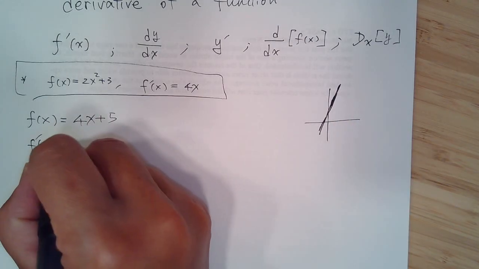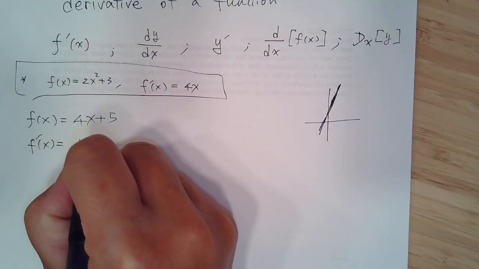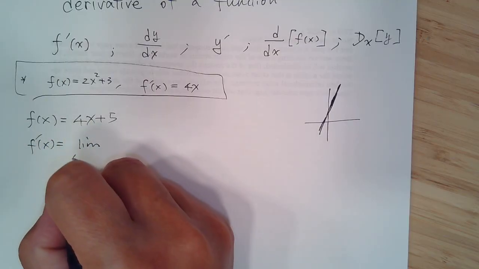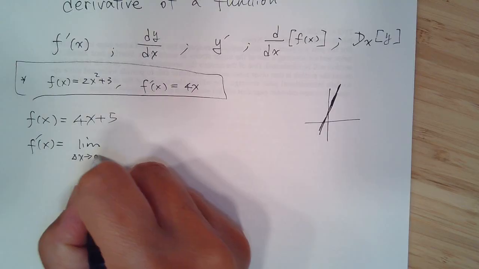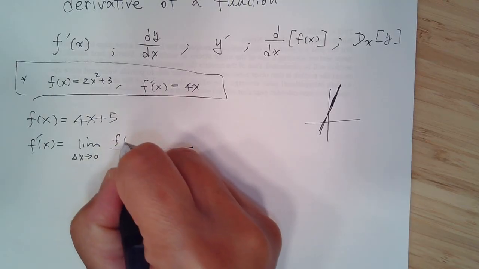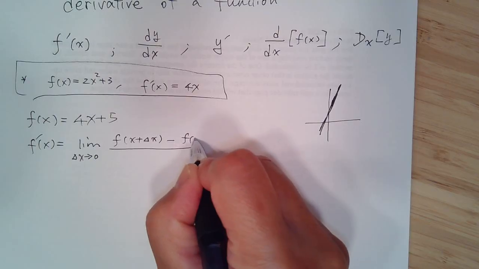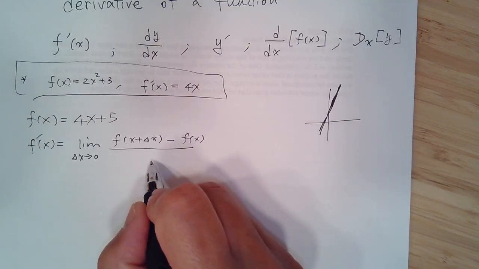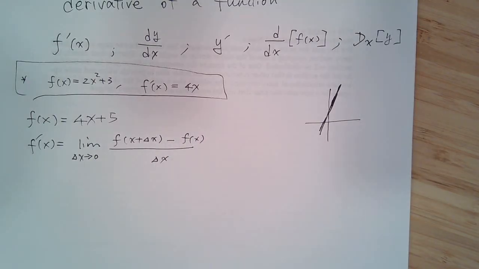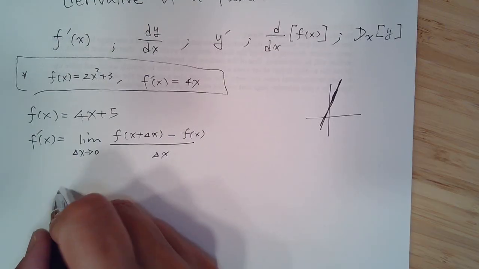Let's see. By definition, this is a limit. The f prime of x should be the limit as delta x approaches 0 of f of x plus delta x minus f of x, over delta x. Okay, so that's the definition. Go ahead.